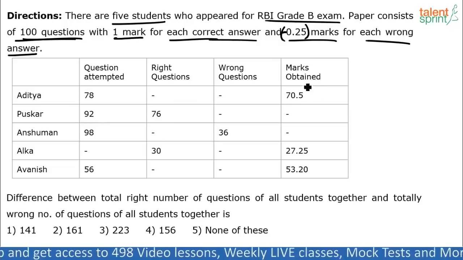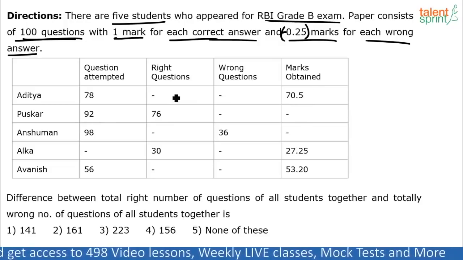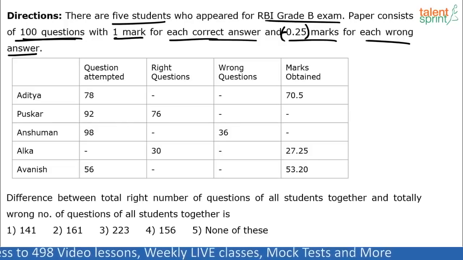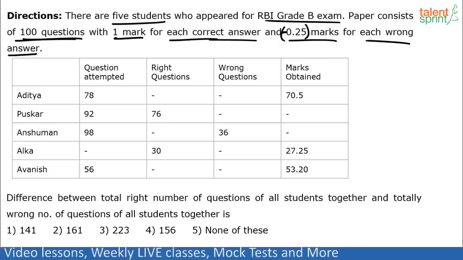Also, the marks obtained is given. So we've got to figure out the number of right questions and wrong questions that Aditya has answered. Similarly for the other students, 2 of the 4 values are missing for each of them. Unless we complete the table here, we'll not be able to proceed with the questions.